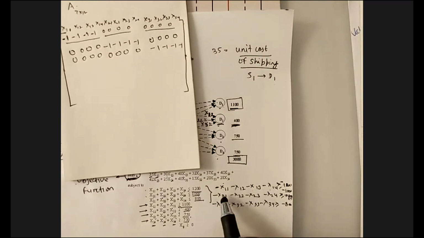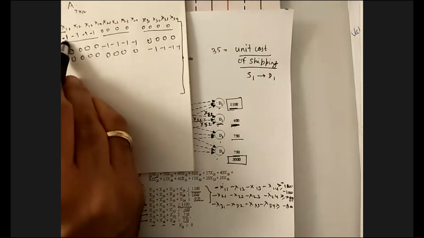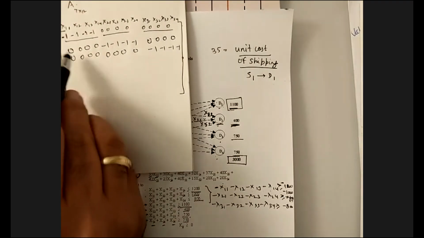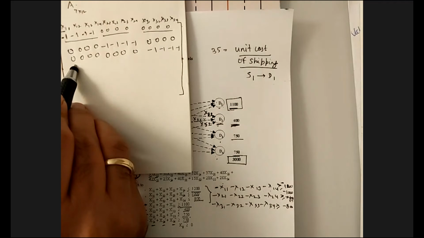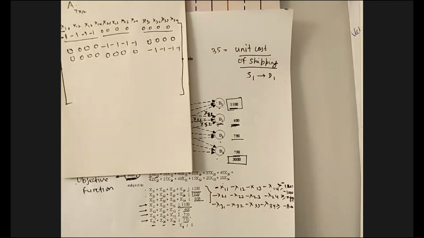This writes out the left-hand side of the first 3 constraints. First constraint, second constraint, and the third constraint. Okay. And that's what I've written out over here. Make sense? Questions? No questions? Any questions?